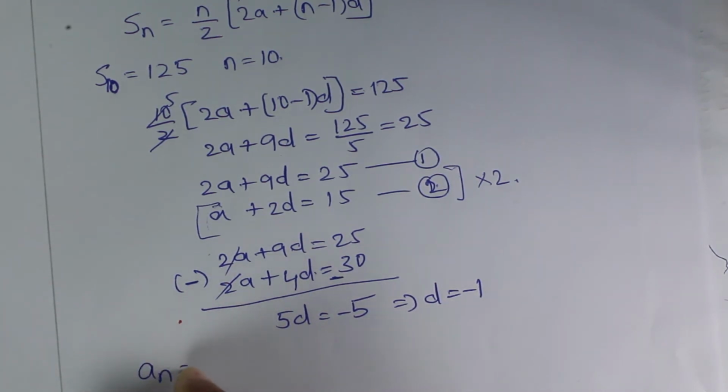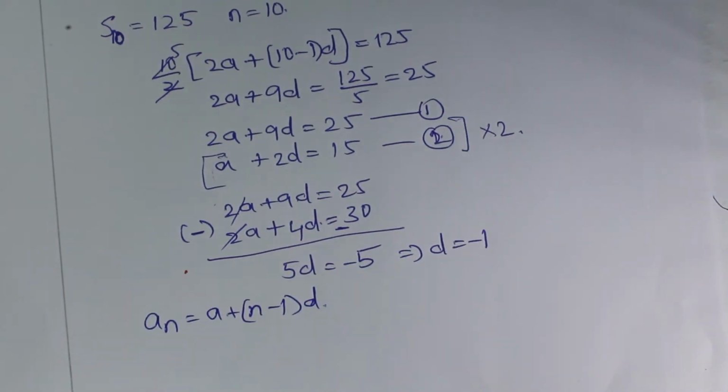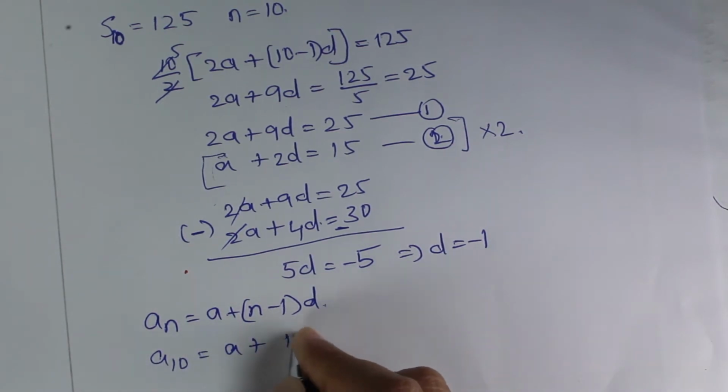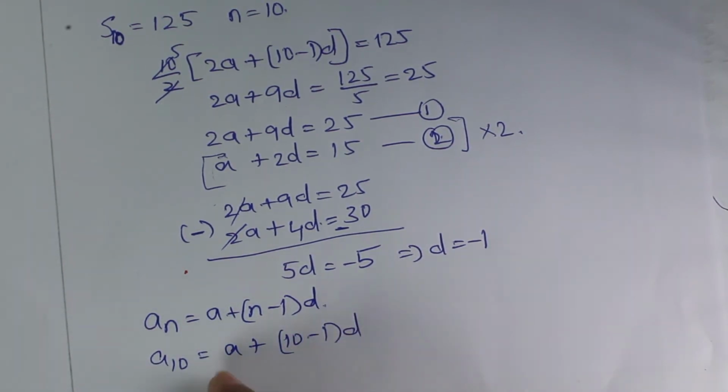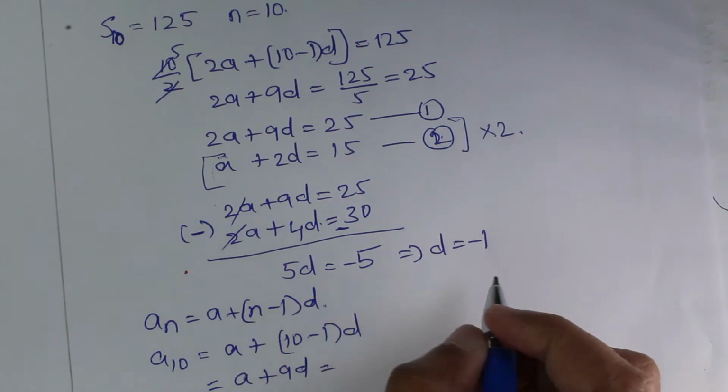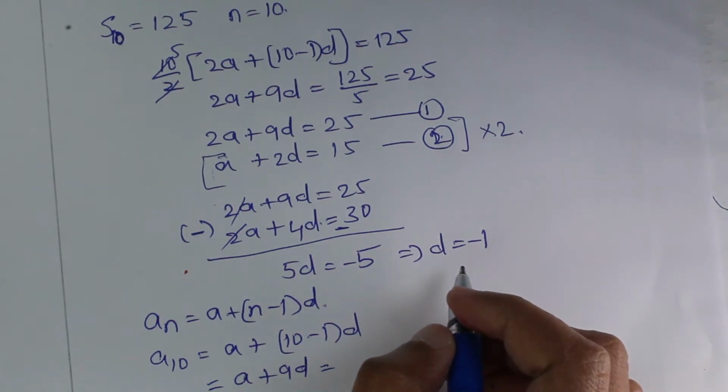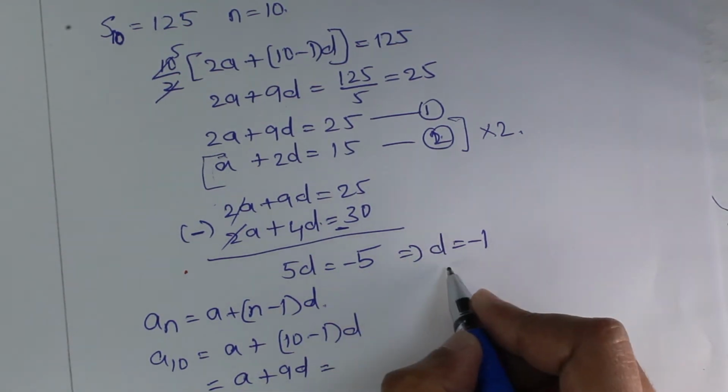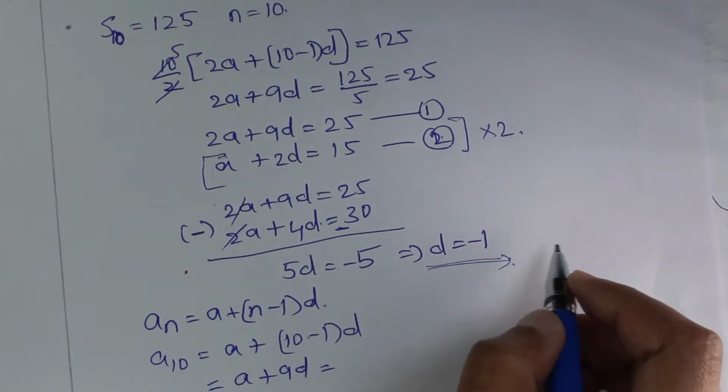We know the formula of an is equal to a plus n minus 1 into d. So a10 is equal to a plus 10 minus 1 into d, that is equal to a plus 9d. We got the value of d as minus 1, right?